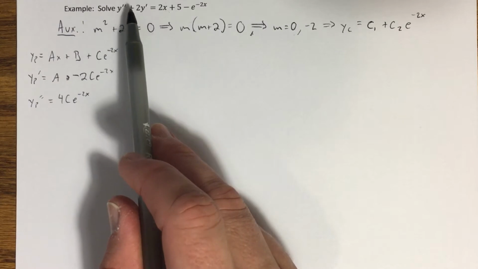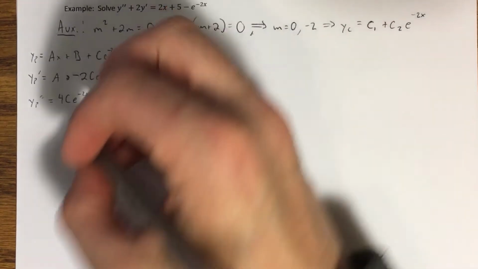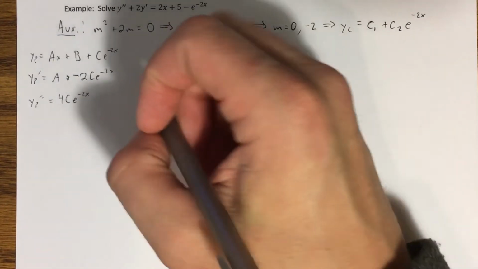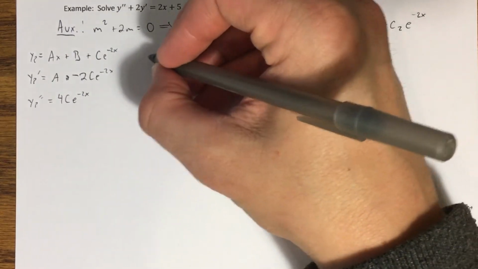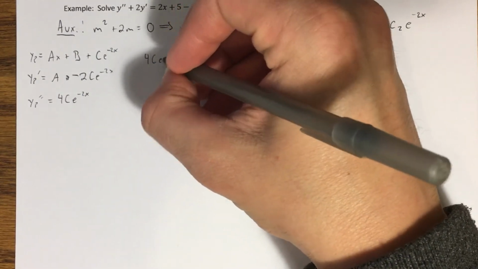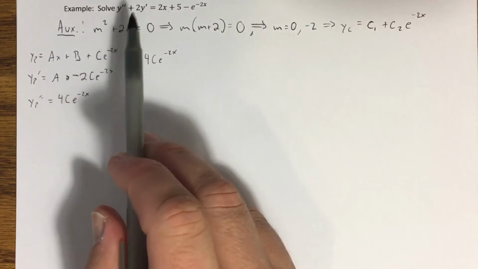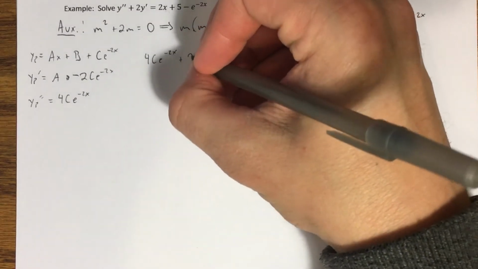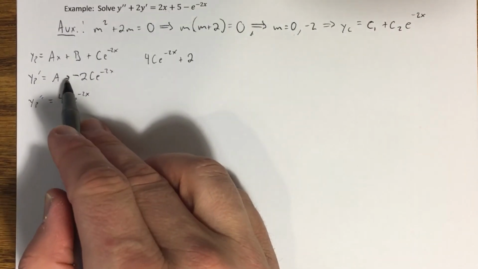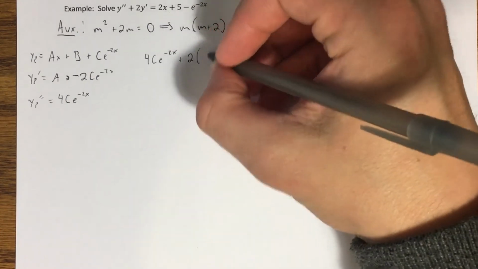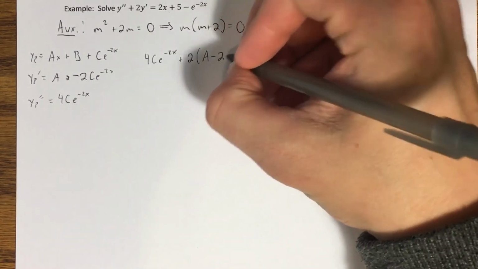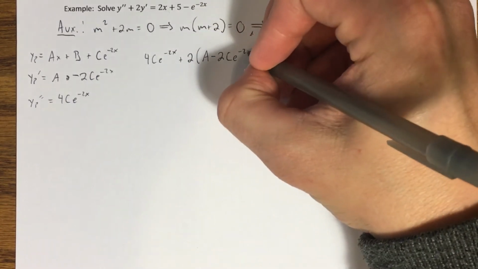So I have y double prime plus 2y prime. What does that look like when I plug yp in for that? Y double prime is going to be 4c e to the negative 2x plus 2 times this guy. I made a little mistake. I scribbled that, but that should look like a minus 2c e to the negative 2x.